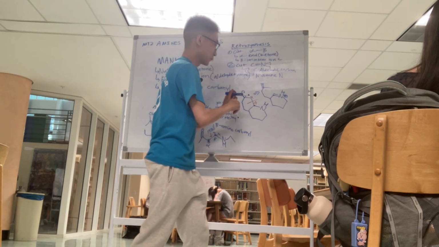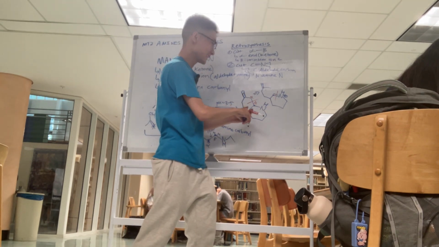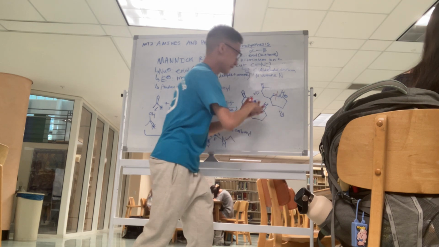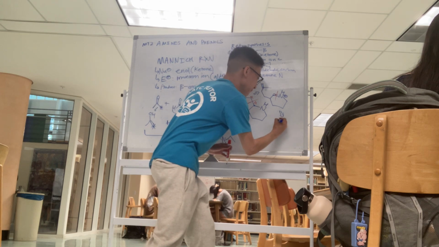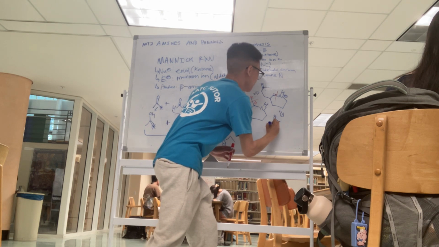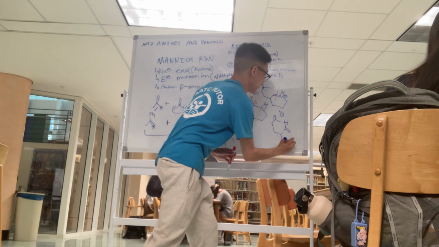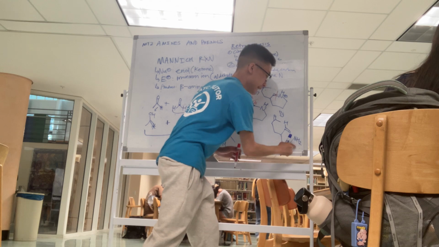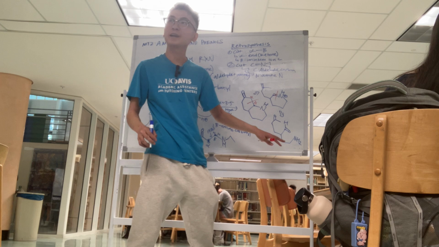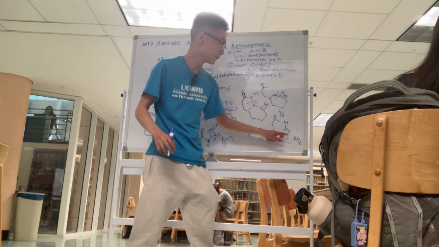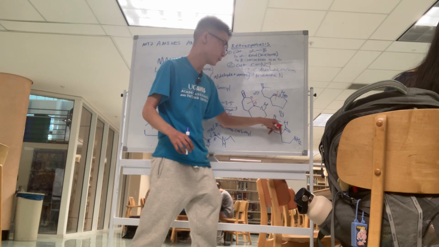Now, the next cut we make is between that iminium carbon and the nitrogen to get the aldehyde, because we know that used to be the aldehyde right there. And then I added an extra hydrogen on the nitrogen right there. The first thing that happens is form the iminium ion between the aldehyde and the amine, and then the next thing is to react the enol with the iminium ion.